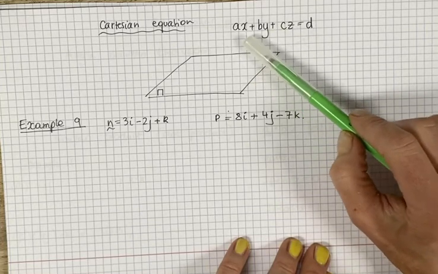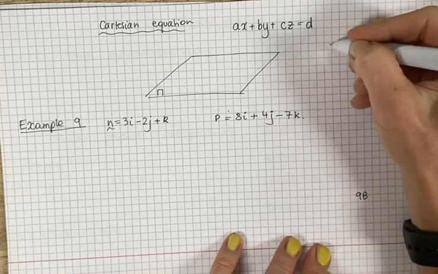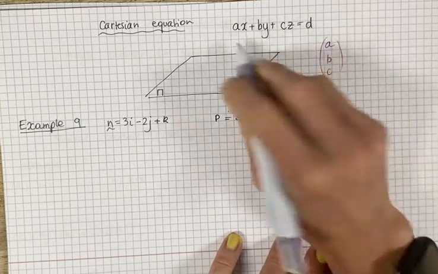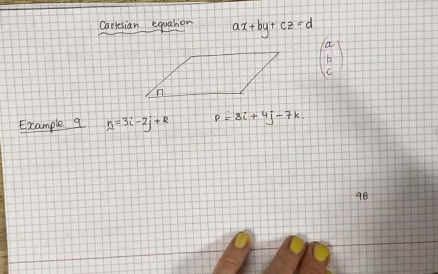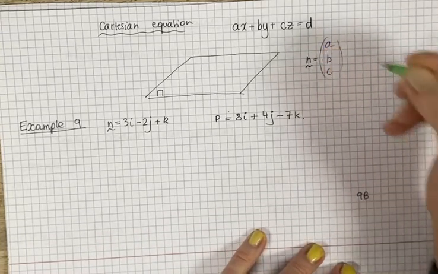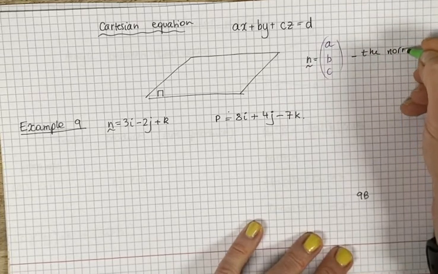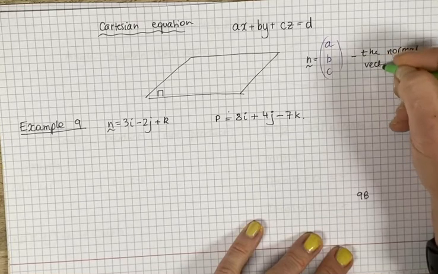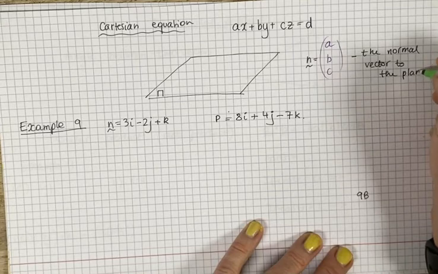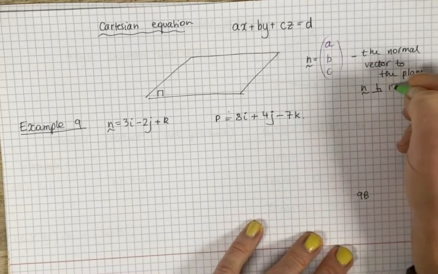So you've got ax plus by plus cz is equal to d, where vector a, b and c, so if you take the coefficients of x, y, z, it's called the normal vector. So we'll put n, always little n, that is the normal vector to the plane. So that means it's perpendicular to the plane.